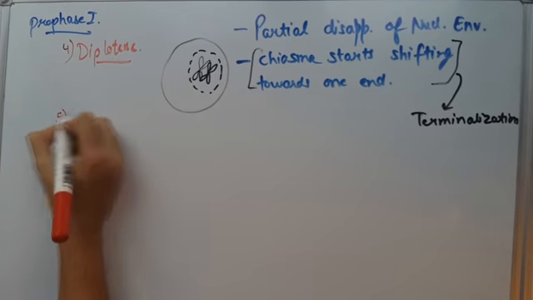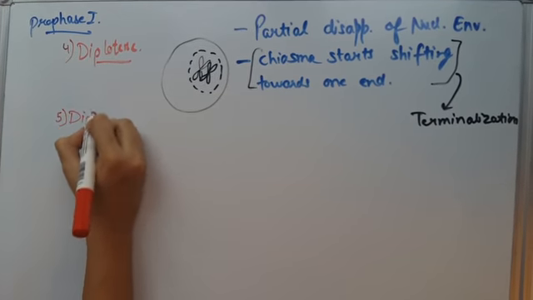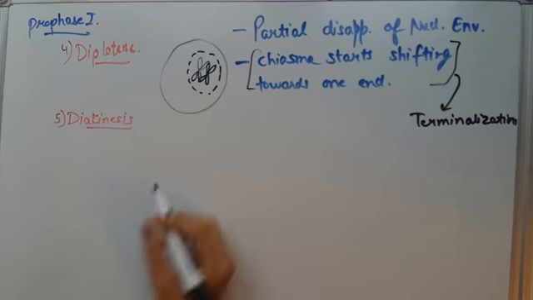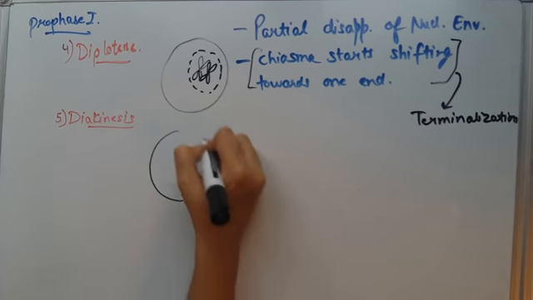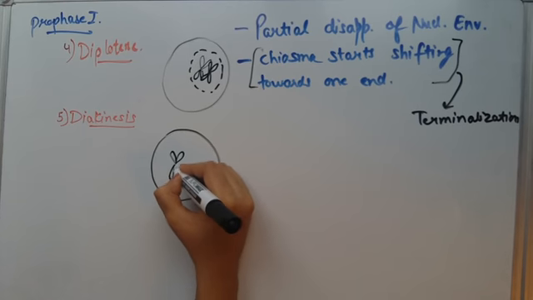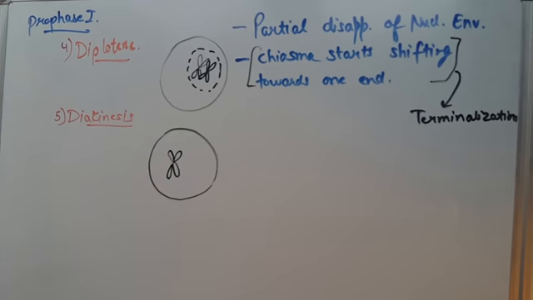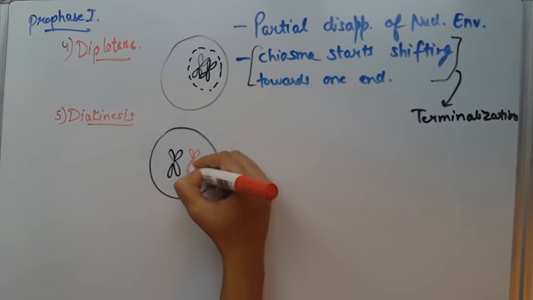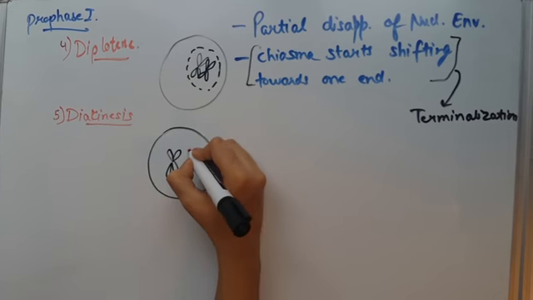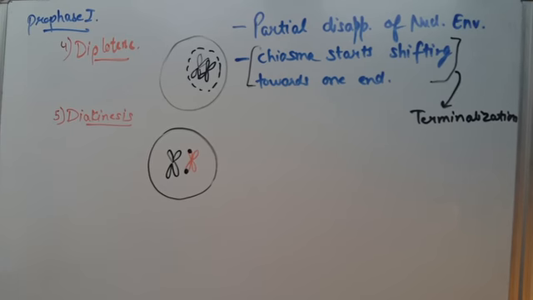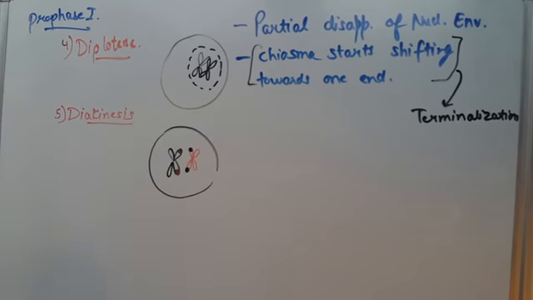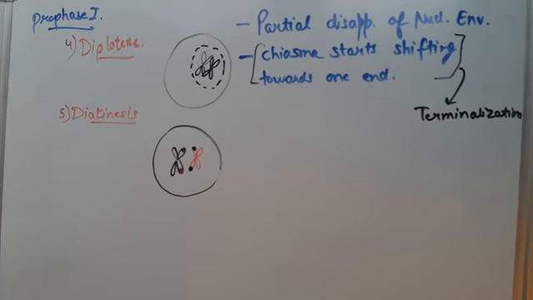Next stage after diplotene is diakinesis. In diakinesis, genetic recombination takes place. Like, these are separate, but after crossing over, some part of the maternal chromosome comes over the paternal chromosome, and some part of the paternal chromosome comes over the maternal chromosome.